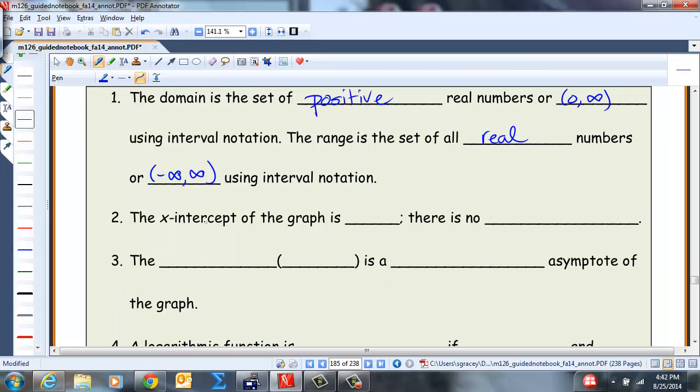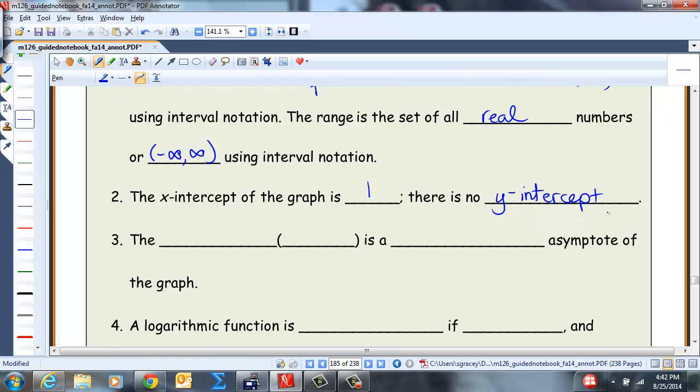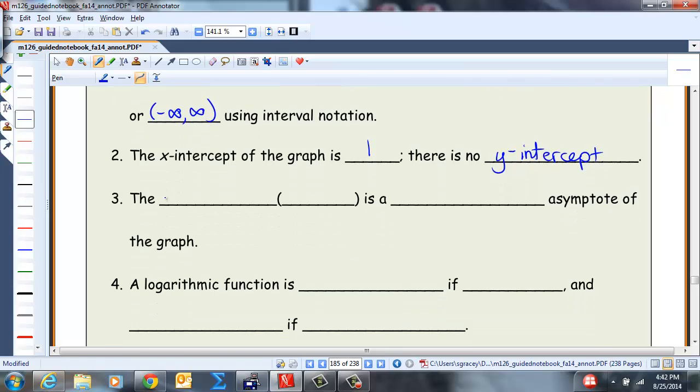The x-intercept of the graph is 1. There is no y-intercept.